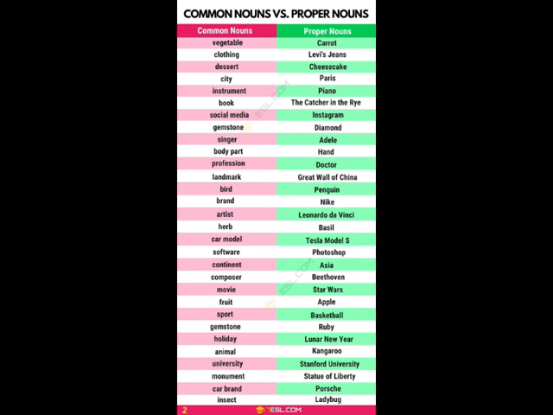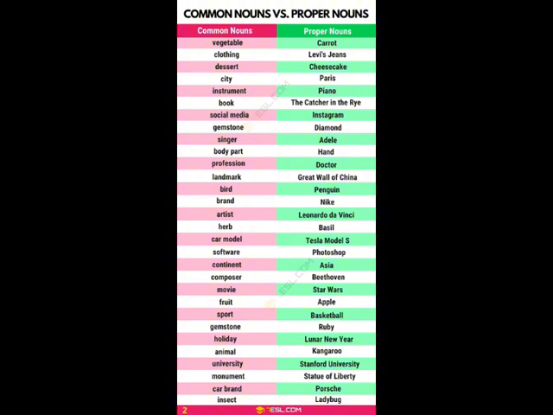Social media for common noun. Instagram for proper noun. Singer for common noun. Tasha Cobbs for proper noun. Body parts for common noun. Hands for proper noun. So here, as you can see, a common noun is a collective name.